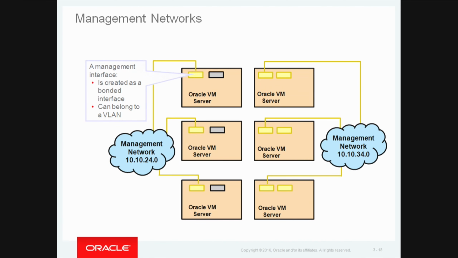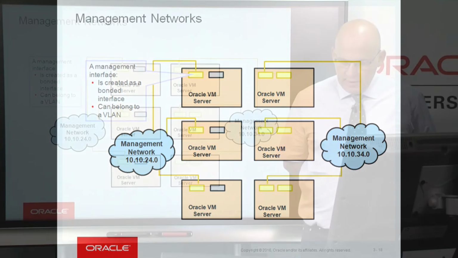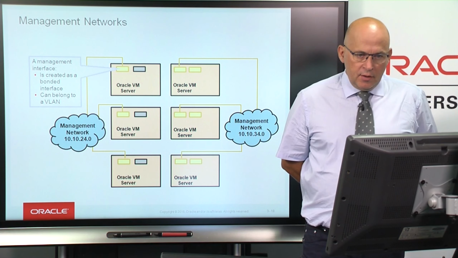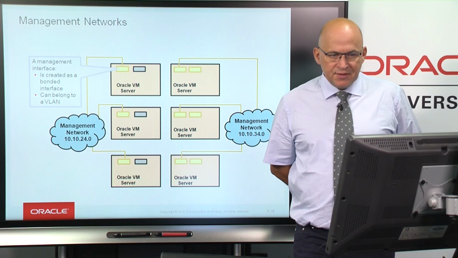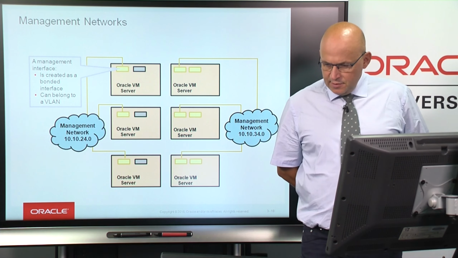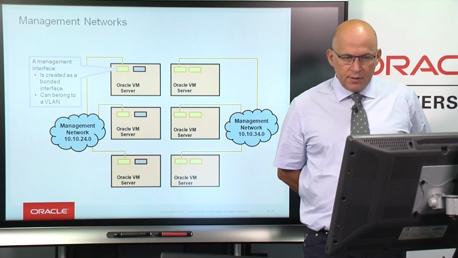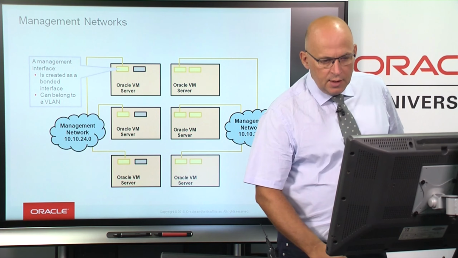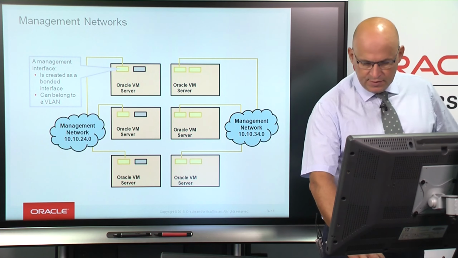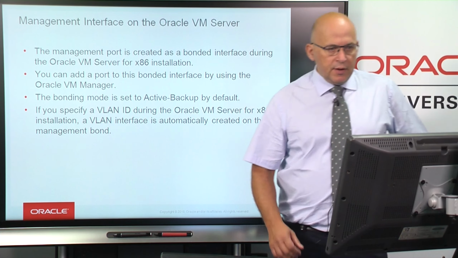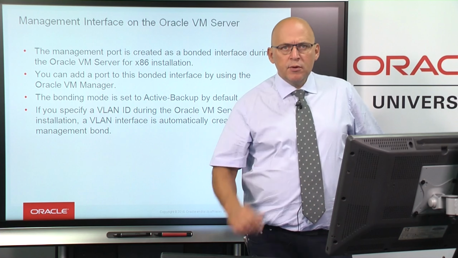For the management network, what we have on the left side of the slide, if you have several subnets, in this case you might see a second management network created on your servers. Now, the management interface on the Oracle VM server.